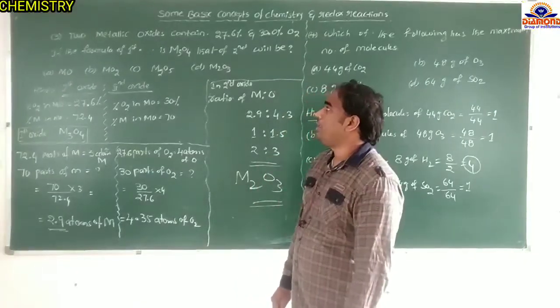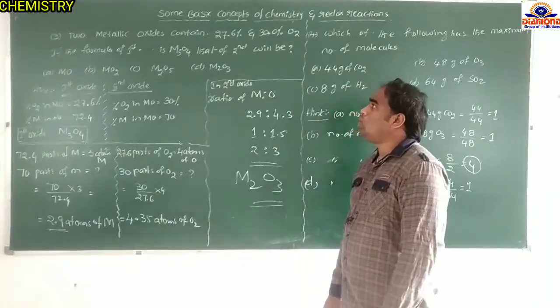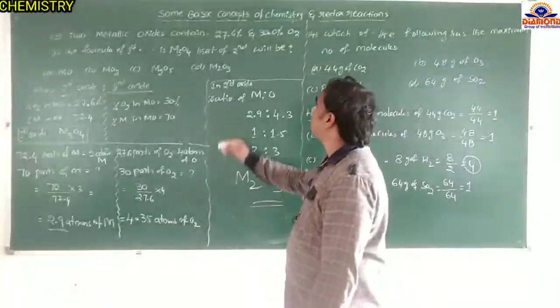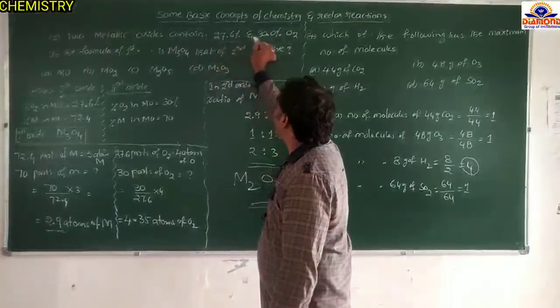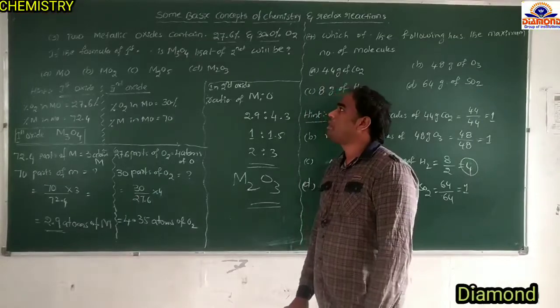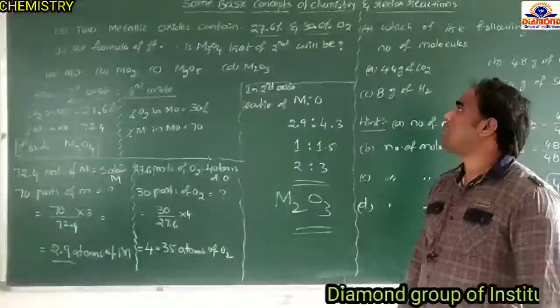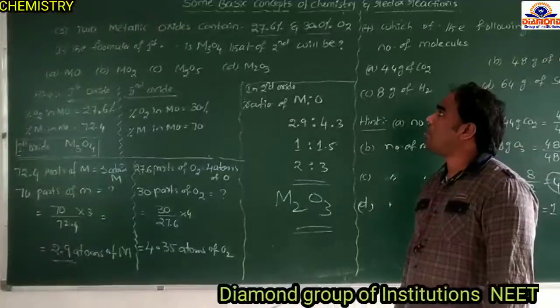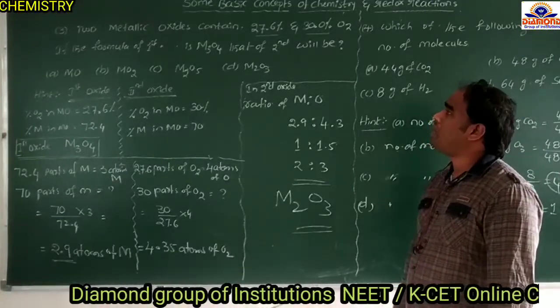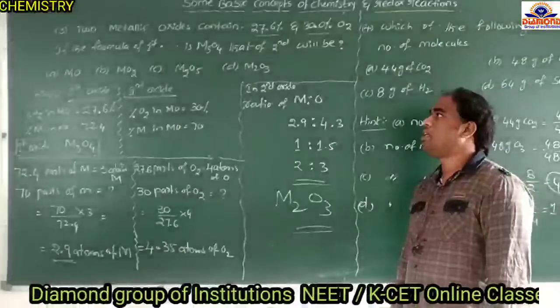Next to question number 3. Two metallic oxides contain 27.6 percentage and 30.0 percentage of oxygen respectively.